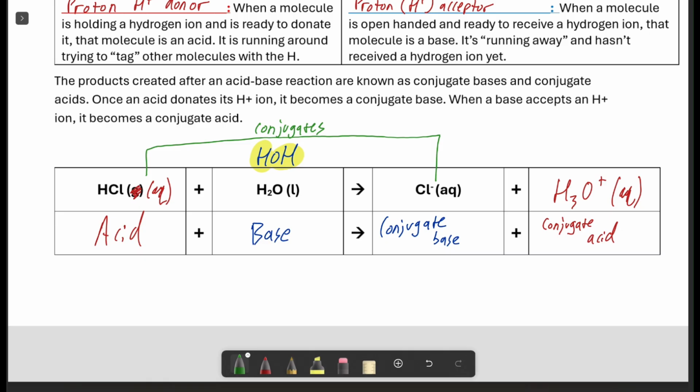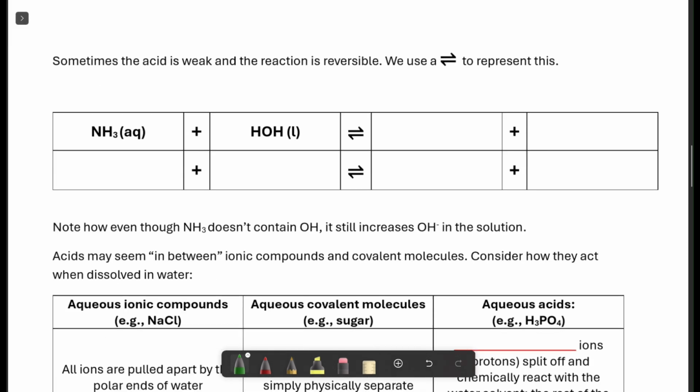And the base and the acid here, these are conjugates of each other. It's the same molecule, we call these chemical species. It's the same species, it's just changed whether it has a hydrogen or not. So we call those conjugates. Okay, let's go to the next page here.